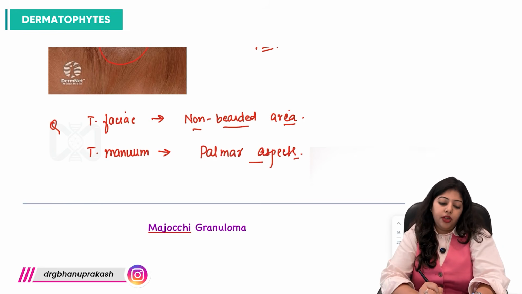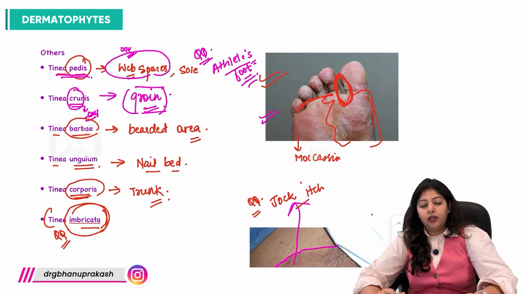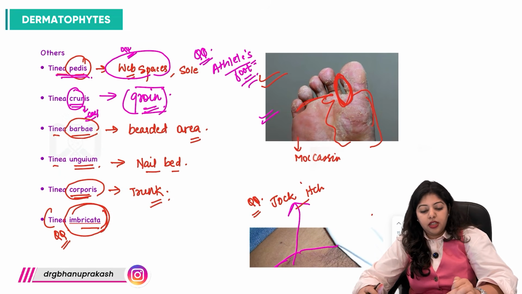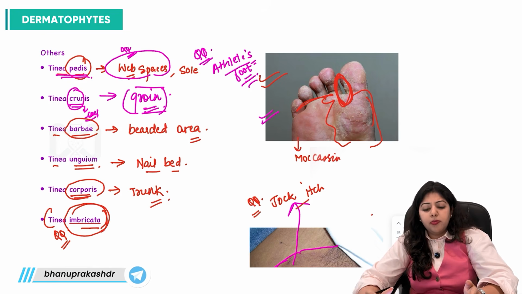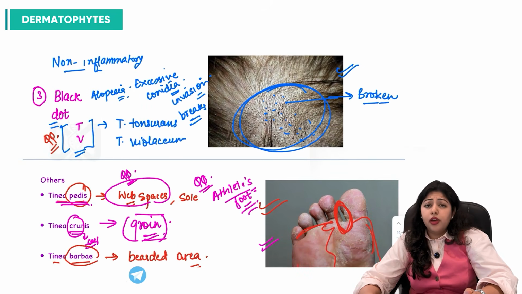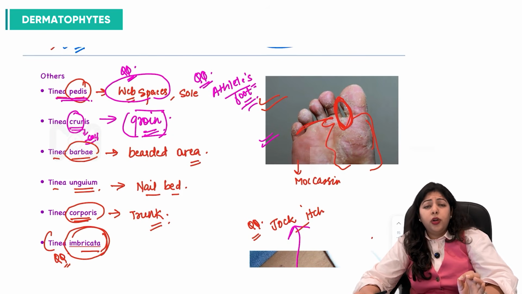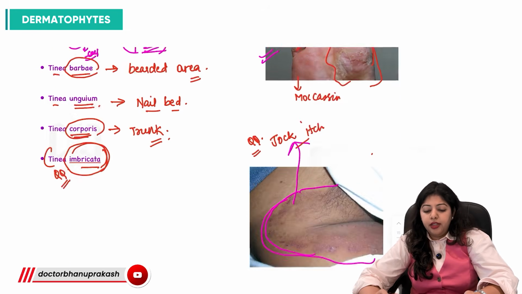So these also you need to know. The most common species otherwise associated with these different forms remain Trichophyton mentagrophytes or Trichophyton rubrum. But for the other species which we discussed separately for different infections, these can also vary. But the most common type of dermatophyte associated with infection is Trichophyton, right?